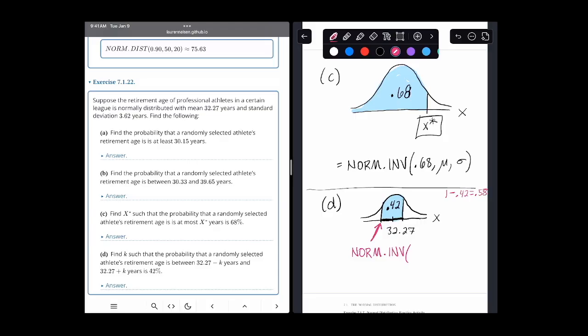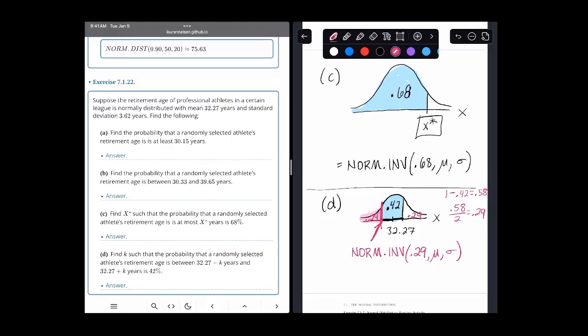To get the area of each tail, I would do 0.58 divided by 2, which is 0.29. So the area to the left of that X that I'm looking for is 0.29. And then I would plug in my mean and my standard deviation, and that's all I need. So that's how I would get this X right here.